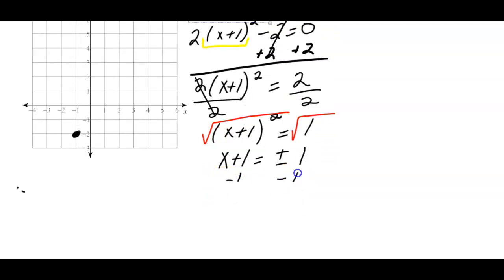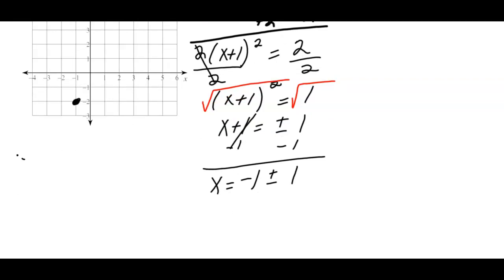Subtract 1 from both sides. These cancel, so x equals, and then just for a minute, write it like this, negative 1 plus or minus 1. Okay, and if you can see what the answers are from there, go ahead and write them down. If not, then you want to set up 2 little expressions.